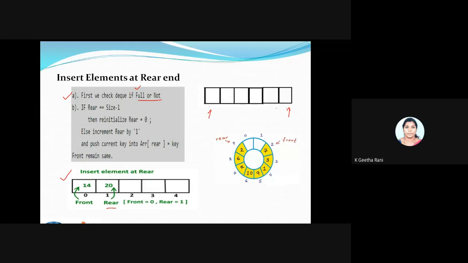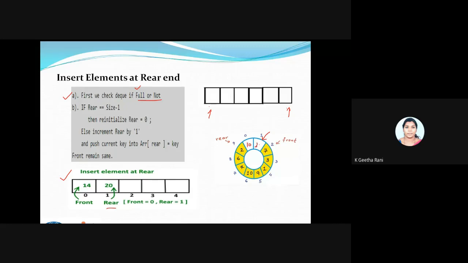I have to check for one more condition: is my front equal to rear plus 1. For example, I'm adding two more elements here. Take this circular array representation. I'm adding 10, I'm adding 20.